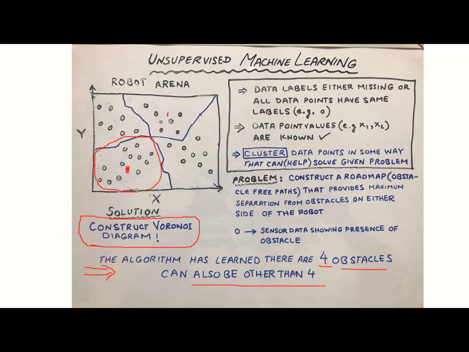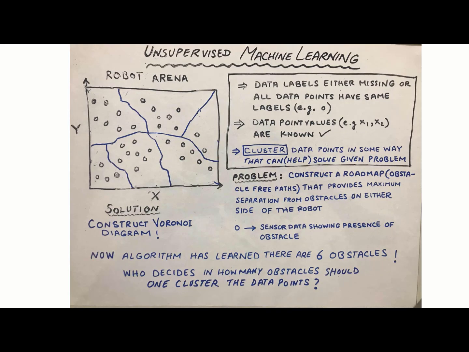It can be more than 4, it can be less than 4. So here the algorithm is going to cluster all the data points representing the presence of obstacles into 6 clusters. And the resulting roadmap looks slightly different.